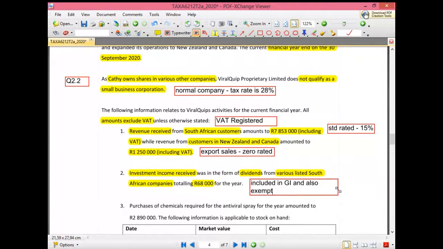So what this means is you include that amount in your gross income line item, but you also include it in your exempt item. You actually get a mark for both of it. Do not leave it out, or you lose 2 marks for something that is not very difficult. Okay, so you need to show it in 2 places. So remember, I can only include something under exempt income or exemption if I have previously shown it under the gross income area.